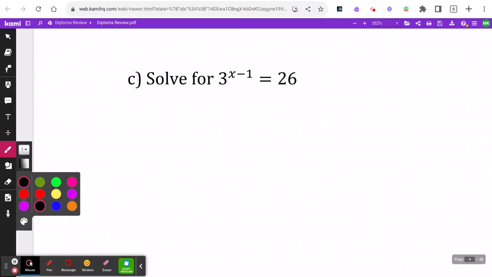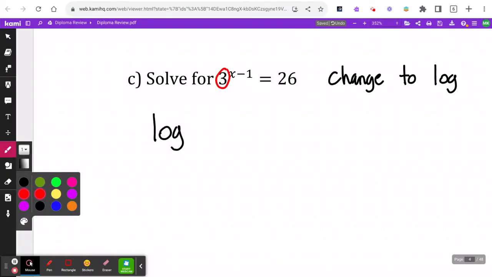So your second strategy to solving an exponent is to change into a log. When you change this into a log, the base of the power becomes the base of the log. The argument goes to the other side.